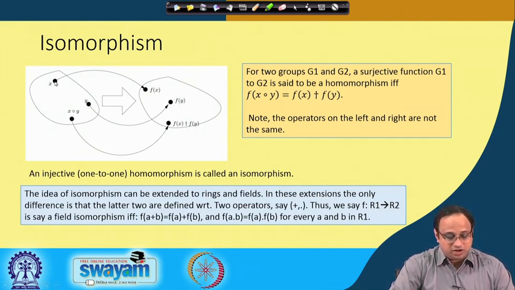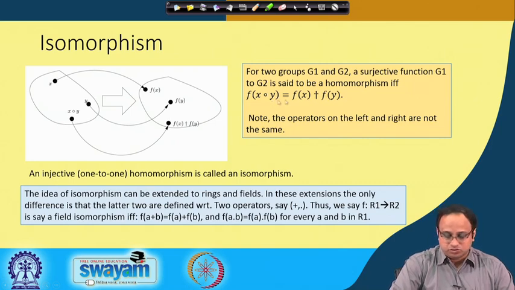Here we took x, took y, applied the operator circle and got x circle y. Now if I apply the function f to the result, it turns out that f x dagger f y should be the same as f applied on x circle y.